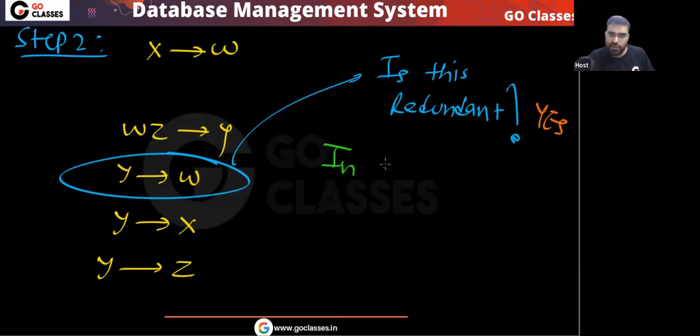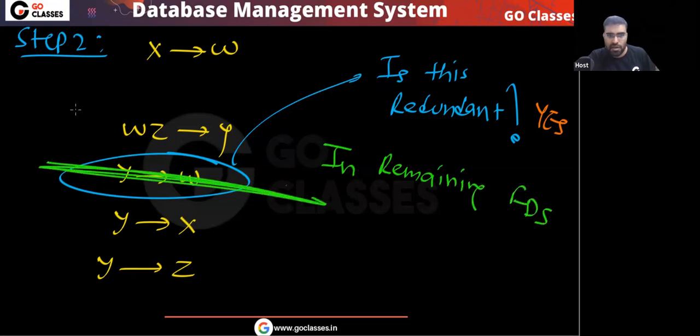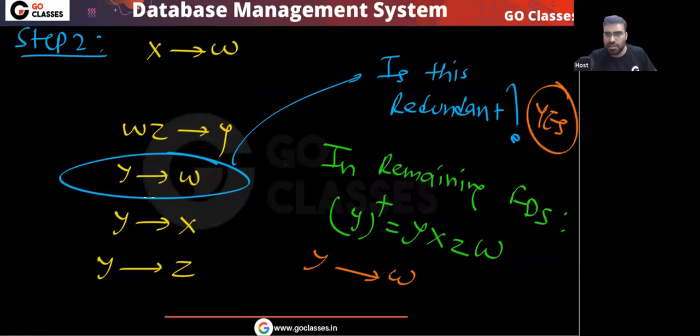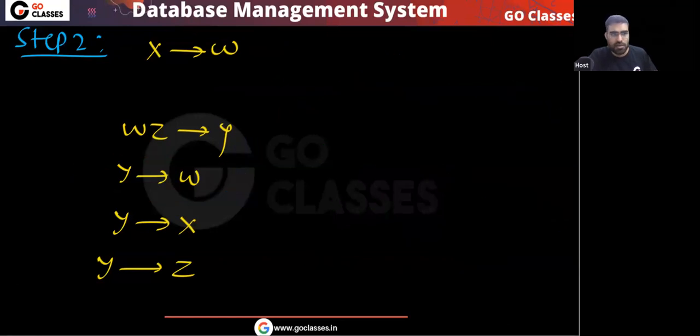Because in the remaining FDs, assume this is gone, and find Y plus. Y plus will be YXZ, and X will determine W. So in the remaining FDs, Y can determine W. So this is redundant, and this is also gone.